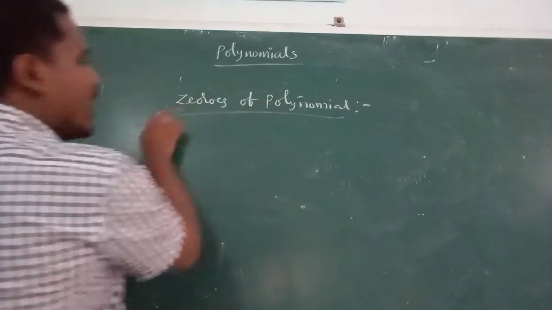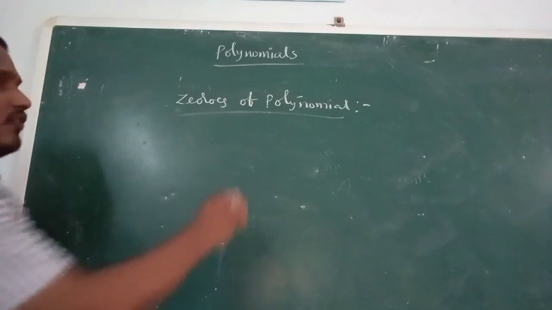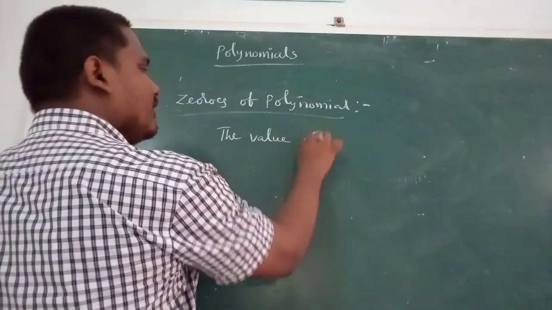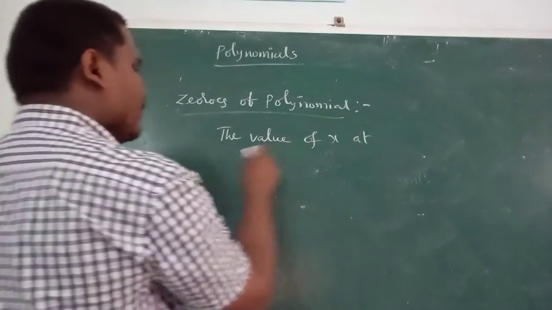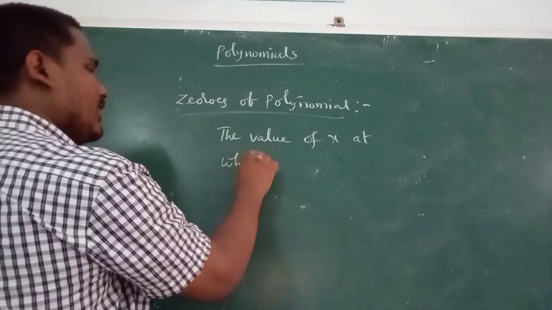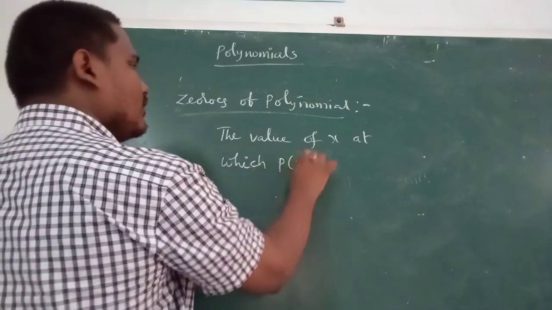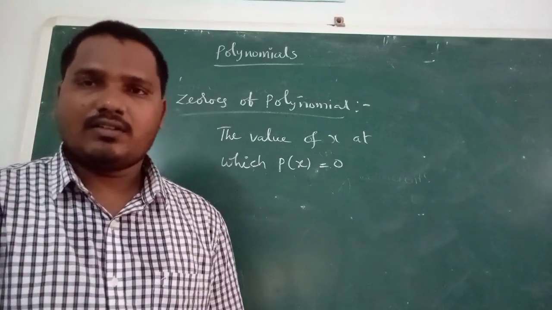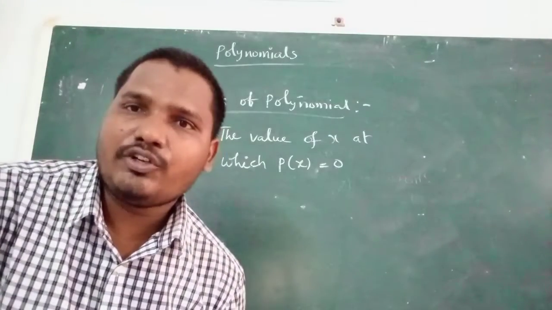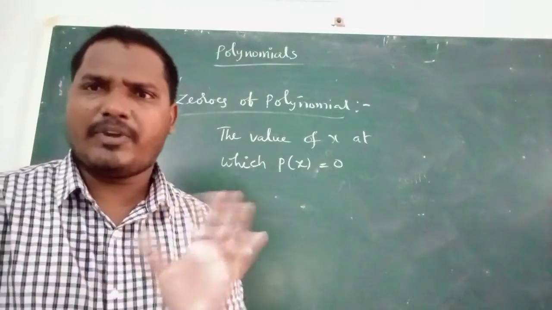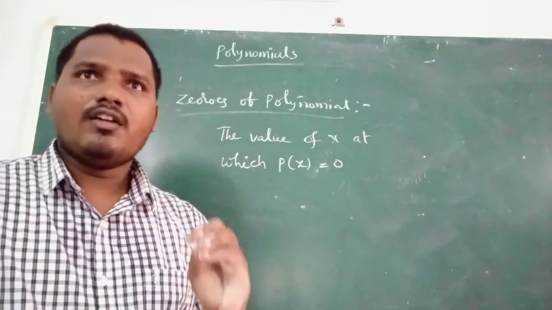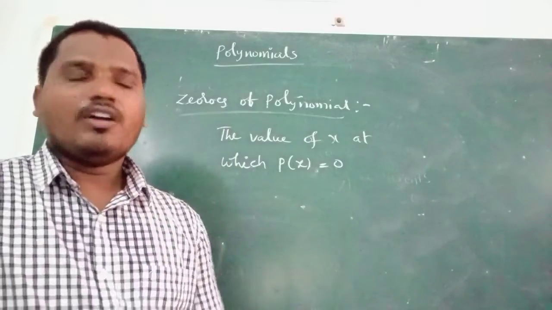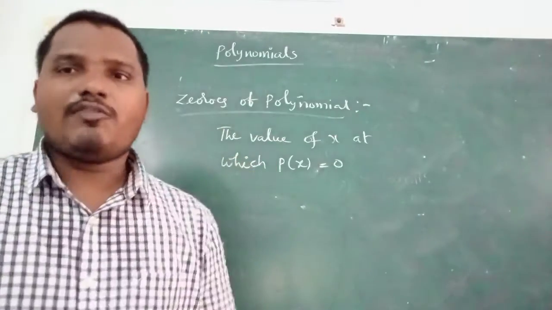The value of x at which p of x is 0 is called a zero of the polynomial. If you substitute the x value, then the whole polynomial becomes 0, and that is called a zero of the polynomial.